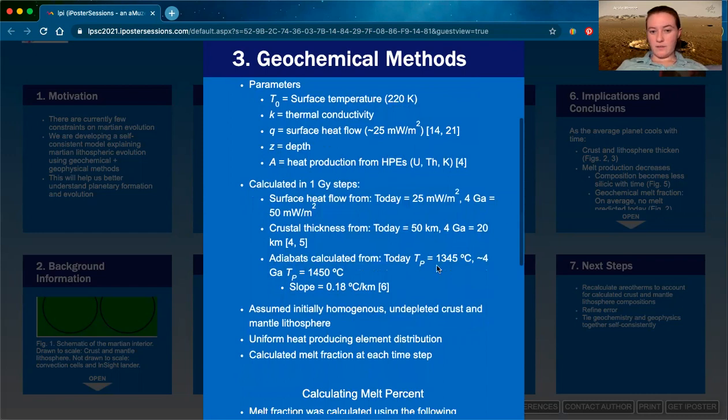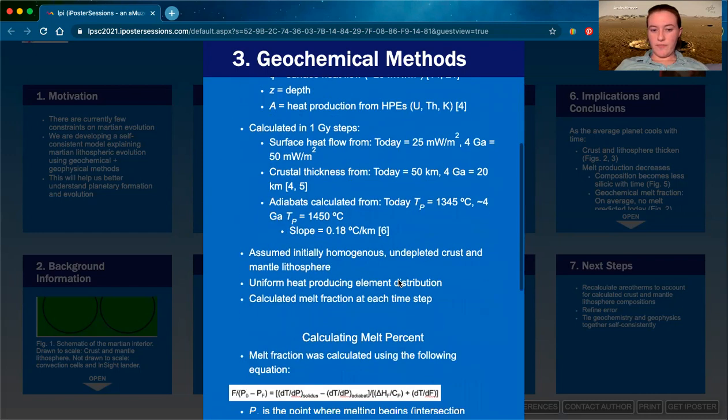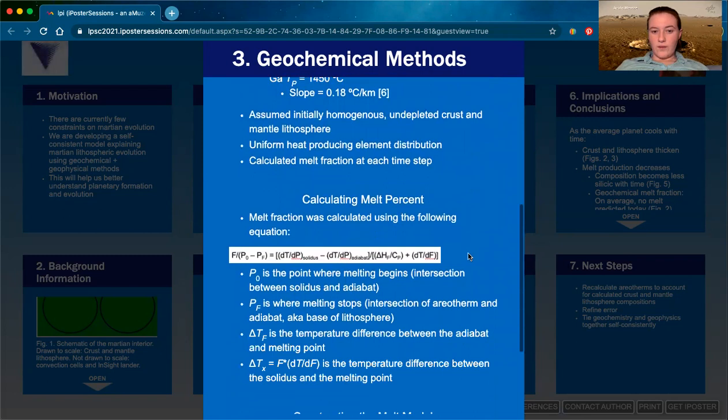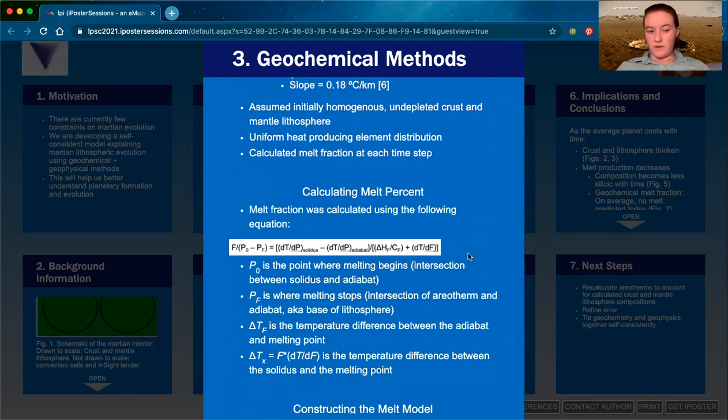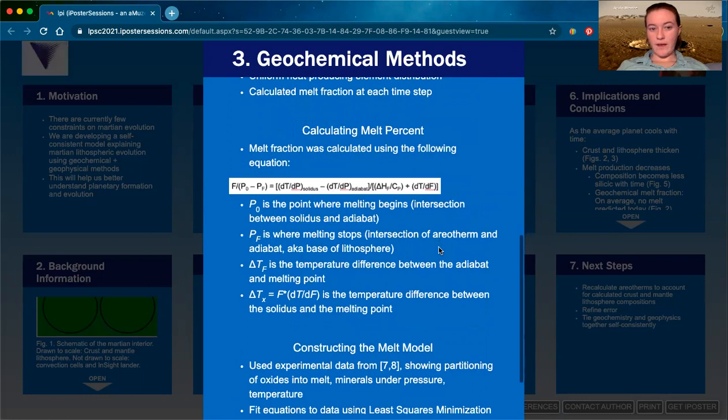These are the numbers that we input into this equation. We made some assumptions about heat-producing elements: uranium, thorium, and potassium. These elements are radioactive, and as they undergo radioactive decay, they also produce heat. So what we're looking at is the amount of heat being produced inside the planet.